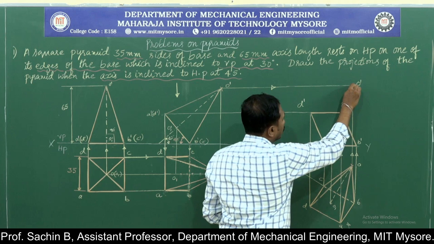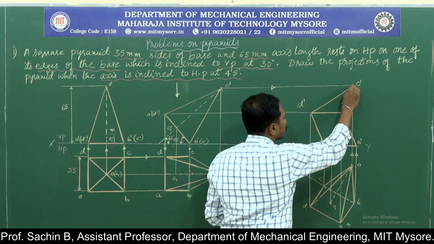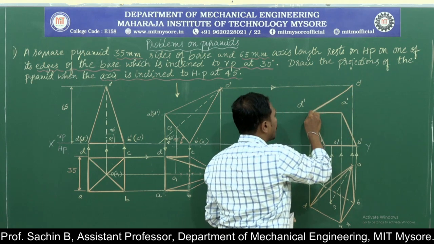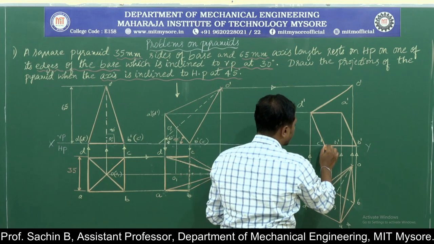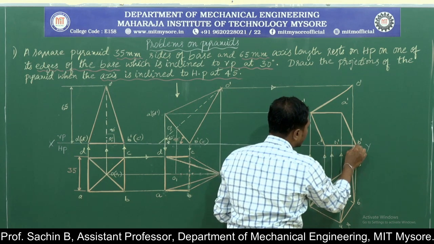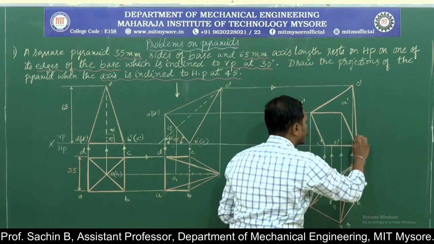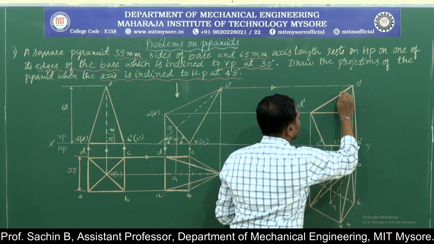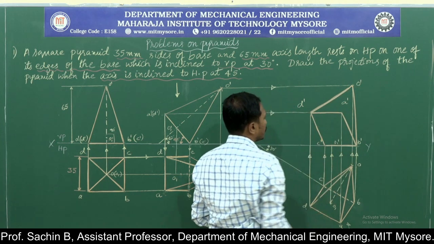Because of that, I'll draw a thick line from O dash to D dash, D dash to A dash, D dash to C dash, C dash to B dash. Again, O dash to B dash is clearly visible for me, according to the second condition.